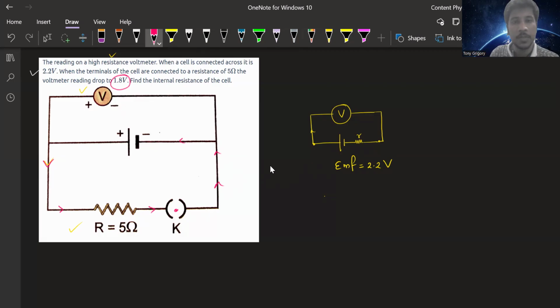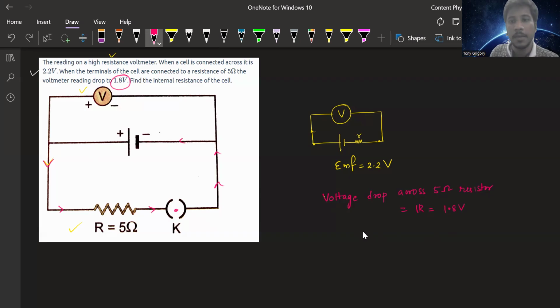So I can say the voltmeter reading in this case, which is 1.8 volt, is the voltage drop across this 5 ohm resistor because that is in parallel with the voltmeter. So the voltage drop across the 5 ohm resistor will be equal to I into R, and that voltage drop is equal to 1.8 volt.